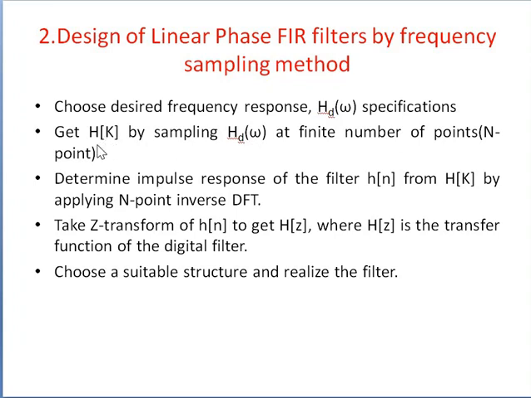That means get H of k by sampling HD of omega at a finite number of points, N points. Now determine the impulse response of the filter h of n from H of k by applying the N point inverse DFT. Now from h of n find the H of z and then realize the filter structure. These are the steps for the frequency sampling method.